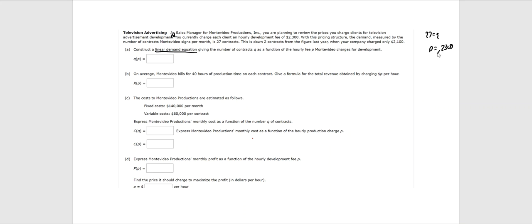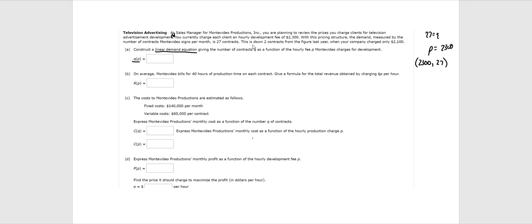So let me make sure I put those correctly. If the price is $2,300 and the quantity is 27, price is input, quantity is output. That gives me a point of (2,300, 27).